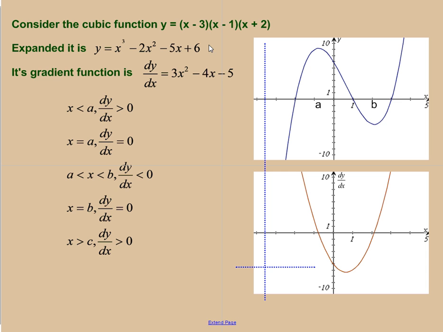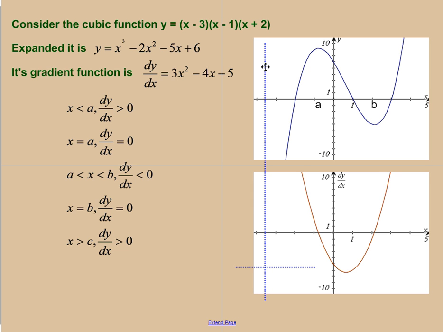Now let's explore this cubic here. We've got (x - 3)(x - 1)(x + 2), which when expanded is equal to x cubed minus 2x squared minus 5x plus 6. Here you can see it drawn. The intercepts are at -2, at 1, and at 3.